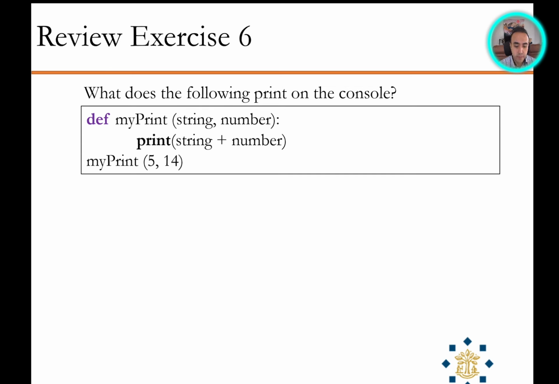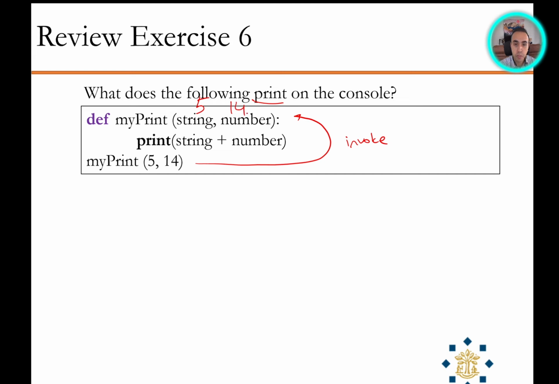All right. So what does the following print on the console? We have print string plus number. And then we invoke my print. So let's invoke this, 5 and 14.